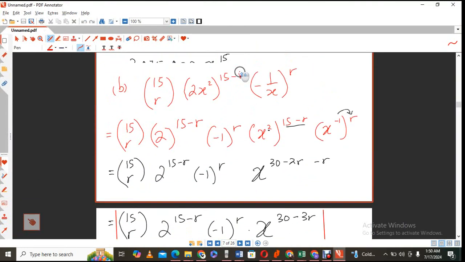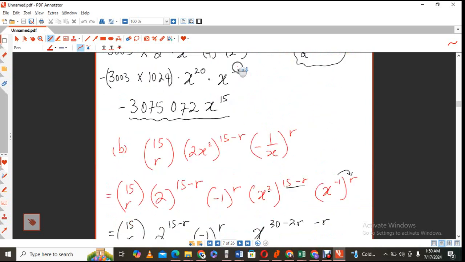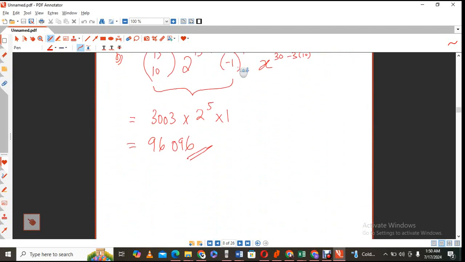Again, we are looking for part C of this question, the term containing x raised to the power of 6. So let's change our scenario here. There's no need for me to put the x anymore.